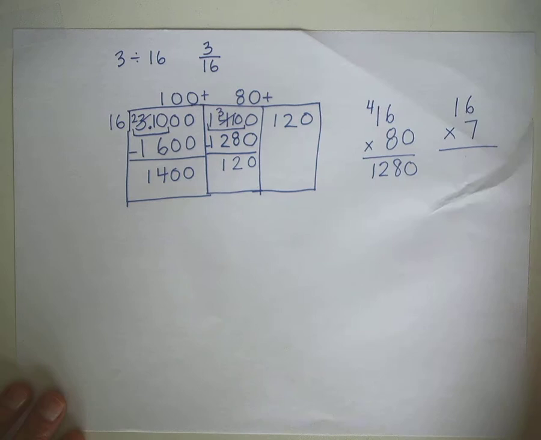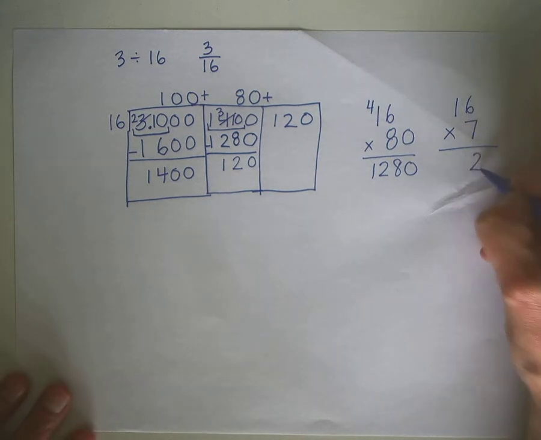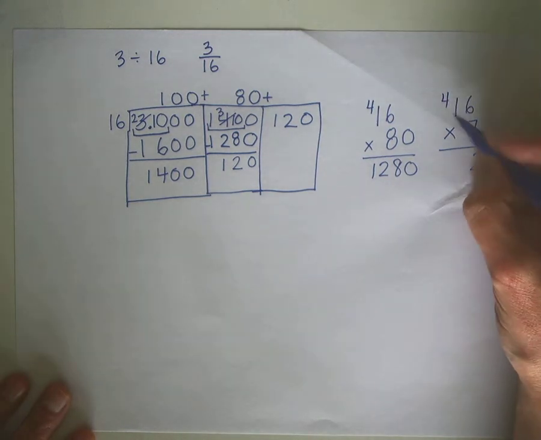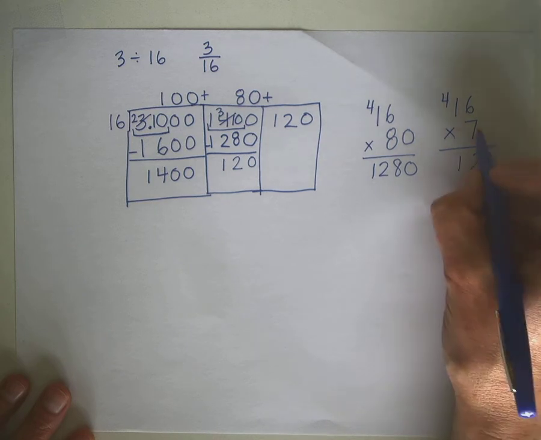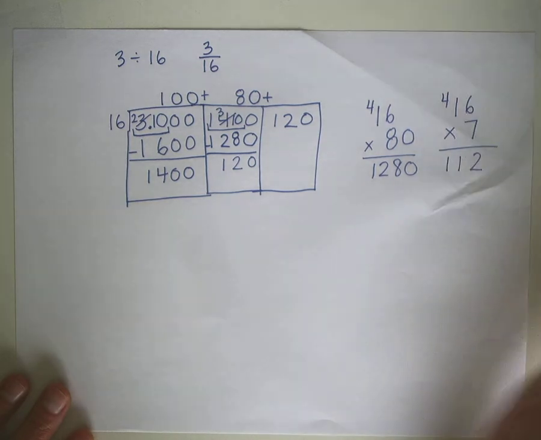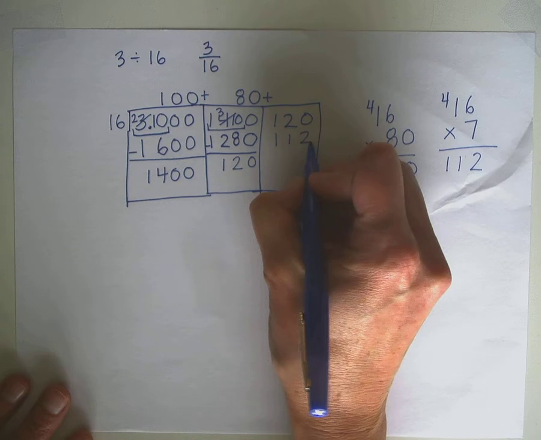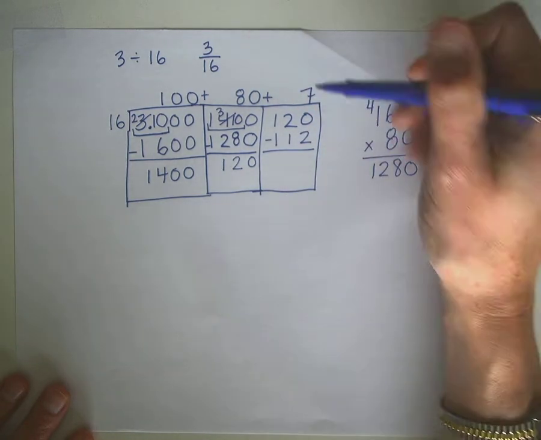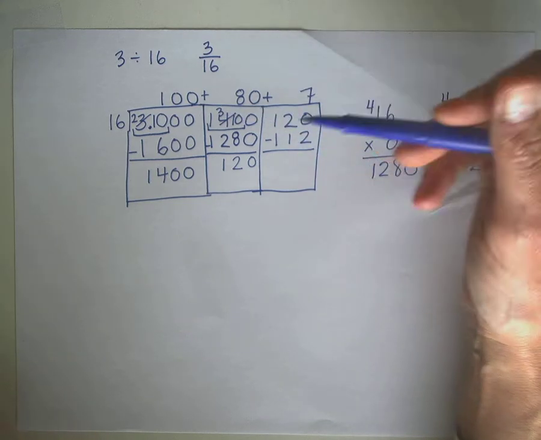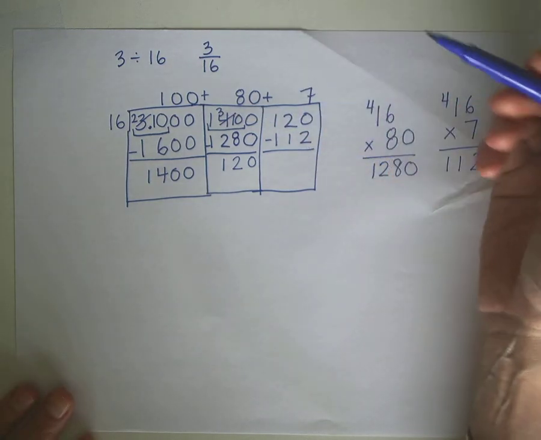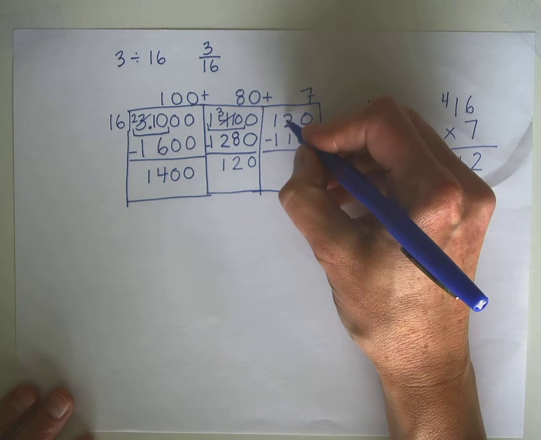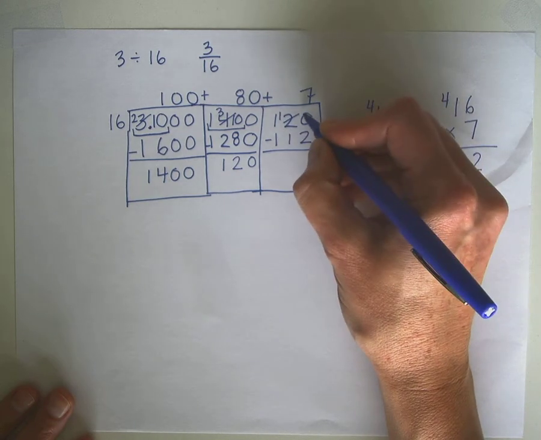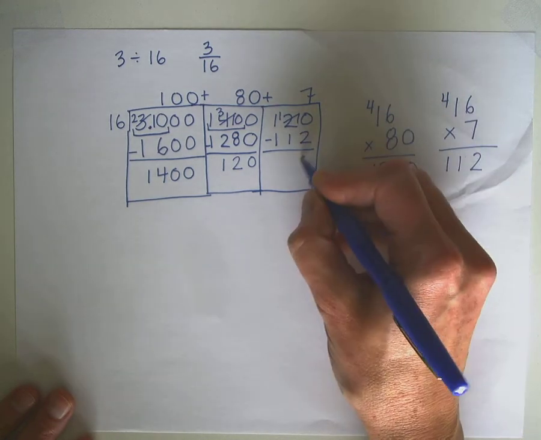I keep forgetting my multiplication. 7 times 6 is 42, carry the 4, 7 times 1 is 7 plus 4 is 11. So 112. And the 7 goes up here. So we don't add any zeros because 7 times 16 is 112, and that's as far as we can go. So subtract still, just to make sure, and we end up with 8.